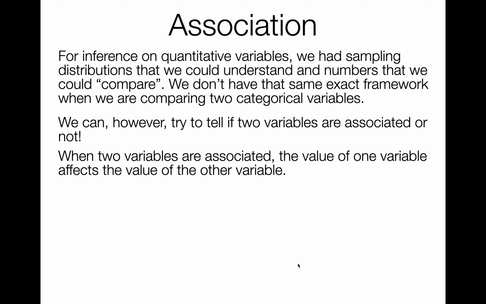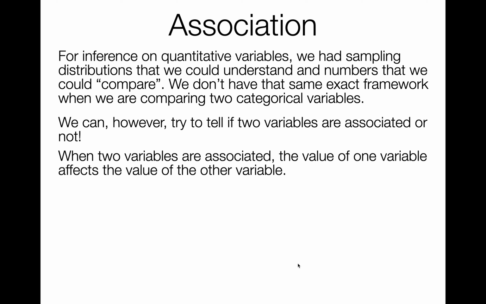And so what do I mean by associated? When two variables are associated, the value of one variable affects the value of another variable. So if those two are linked in some way, then they're associated. If I wanted to think of hair color and eye color, a seemingly benign example, you may think, are hair color and eye color associated or independent?